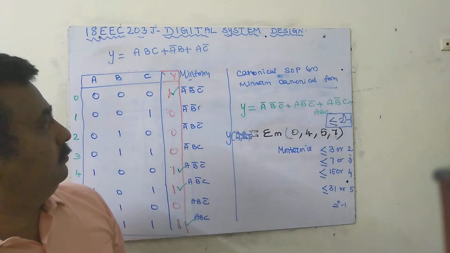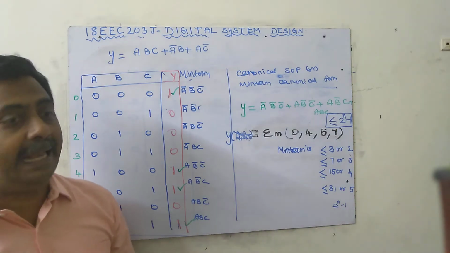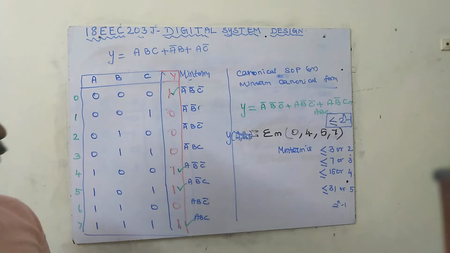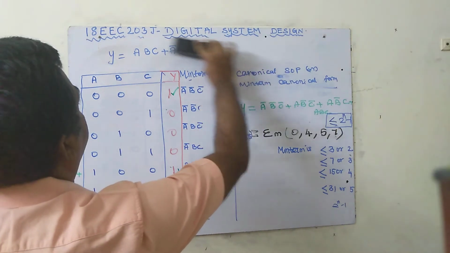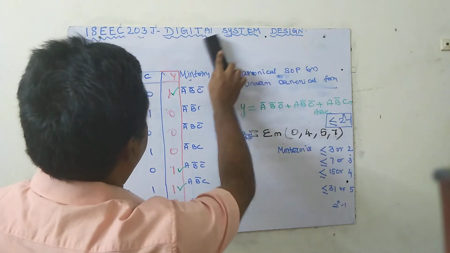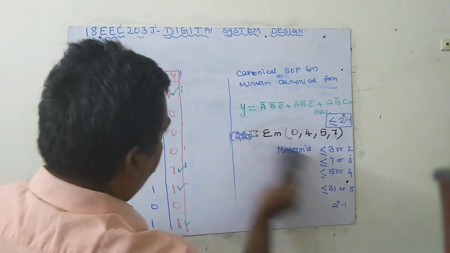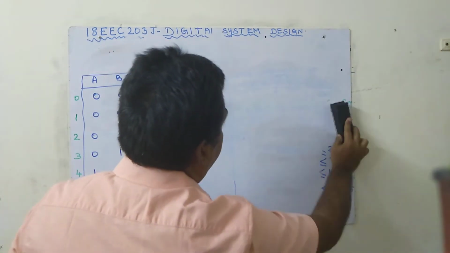Next we will see about max terms. Same thing only. Here I will erase all those things. Instead of min term, I am going to write max term. What is meant by max term?